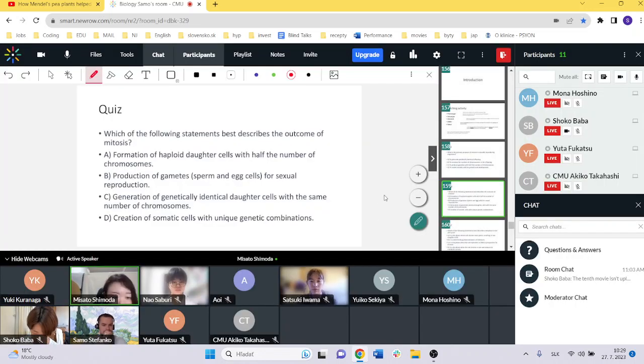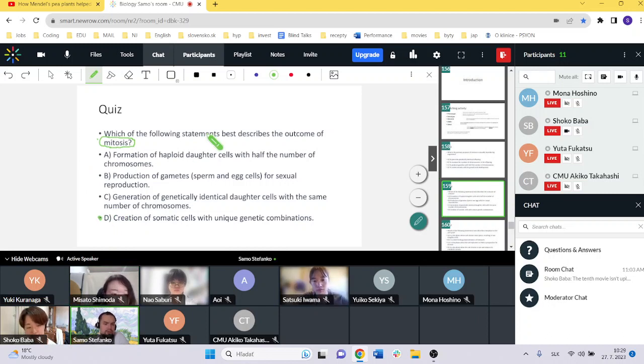I chose D because mitosis creates somatic cells and creates unique genetic combinations. I think it is correct. Okay, so you went for D. Let's propose that D is correct.